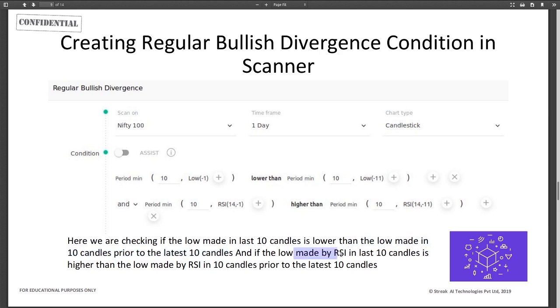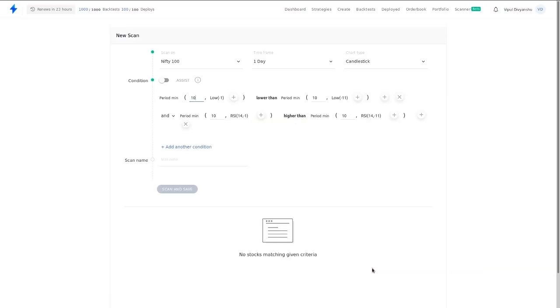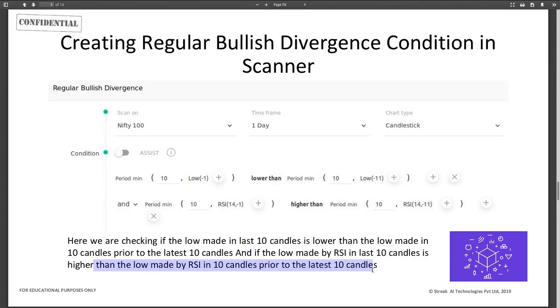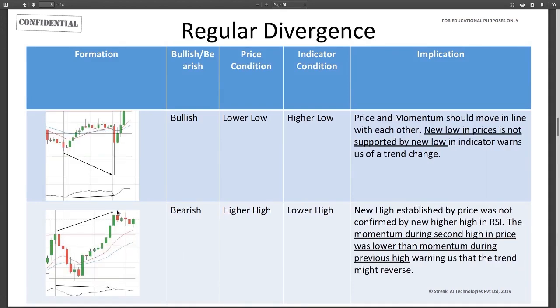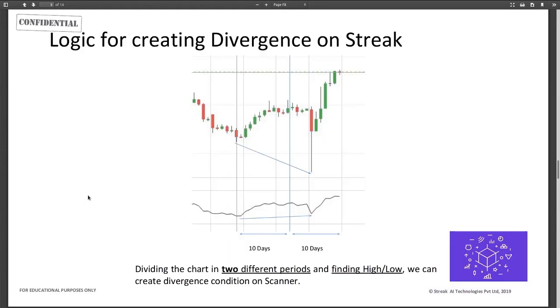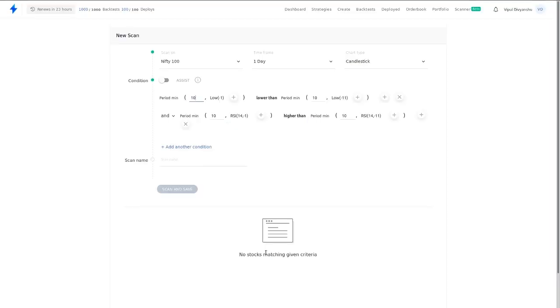Then the newest low formed by RSI in the last 10 candles is higher than the low made by RSI prior to the latest 10 candles. For simplicity, if I show it in chart, this is what the first condition forms, this is what the second condition forms, both in a period of 10 days because we have put offset as 10 days.